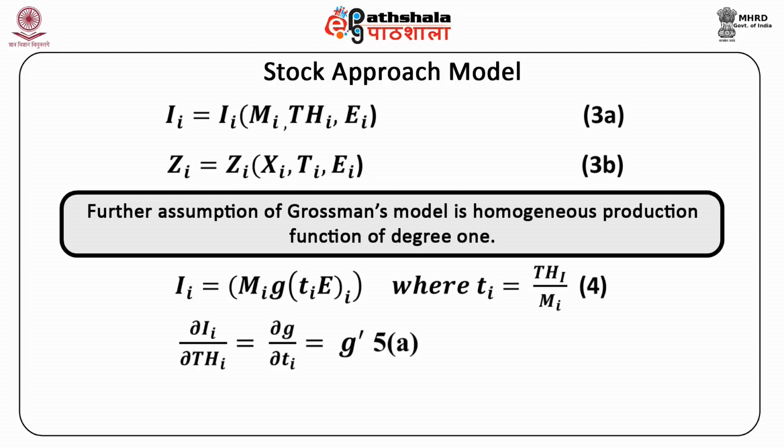∂Ii/∂THi = ∂g/∂ti = g', equation 5a. ∂Ii/∂Mi = g − ti g', equation 5b.